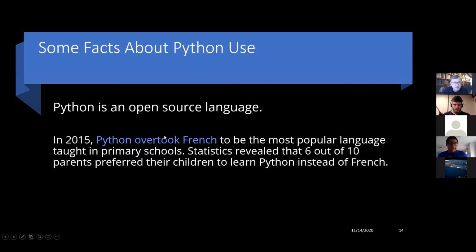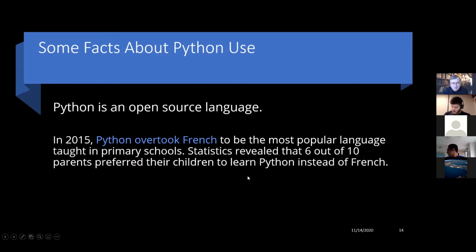I mentioned that Python is an open source language. One interesting fact is that in 2015, in the primary schools in France, when parents were asked what they thought was more important for their kids to take, French lessons or Python, 60% of them, 6 out of 10, preferred their children to take Python instead of French.